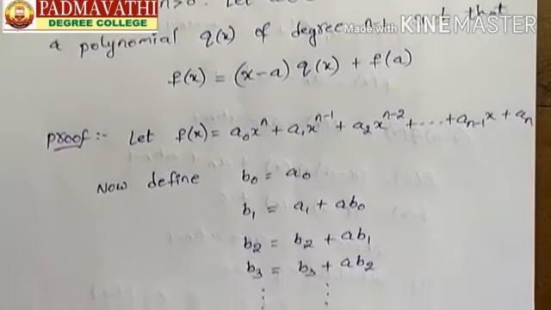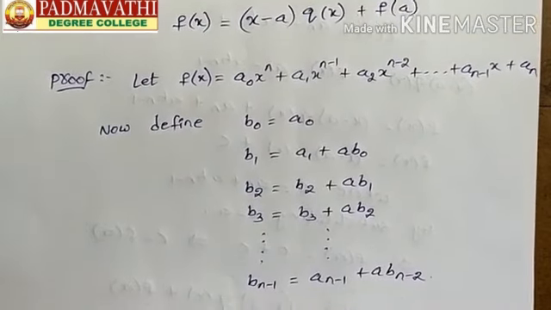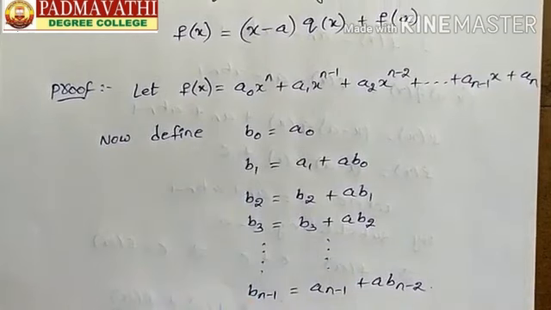Why? Because when we compare f of x and q of x, the f of x degree is n and the q of x degree is n minus 1, so the coefficients are also fewer. N plus 1 coefficients are there for f of x and n coefficients for q of x. That's why we are defining q of x here.